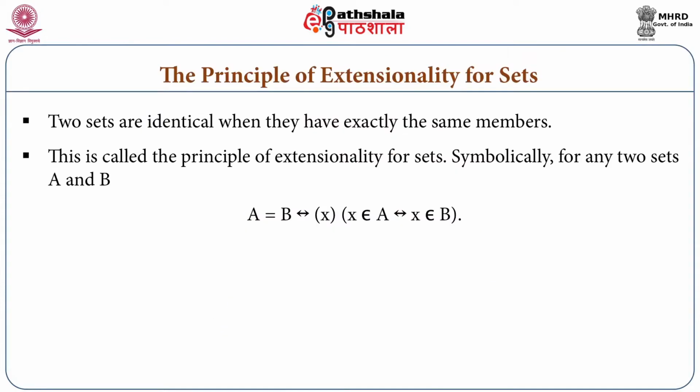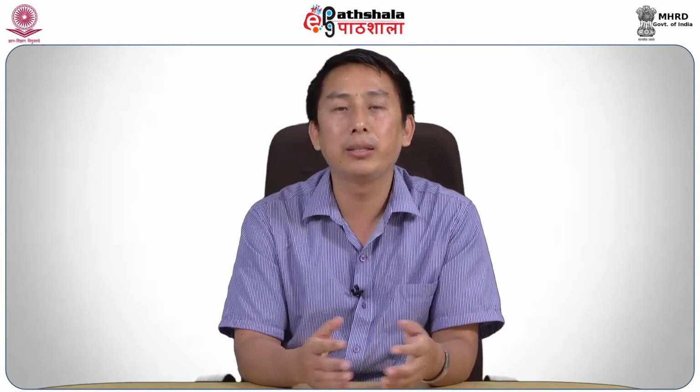We say that two sets A and B are identical if and only if, represented by double arrow, for all x, x is a member of A if and only if x is also a member of B. In other words, put differently, A is a subset of B and B is also a subset of A, which we have seen before. So when that happens, that is A is a subset of B and B is also a subset of A, then we call them identity of sets. They are identical sets.